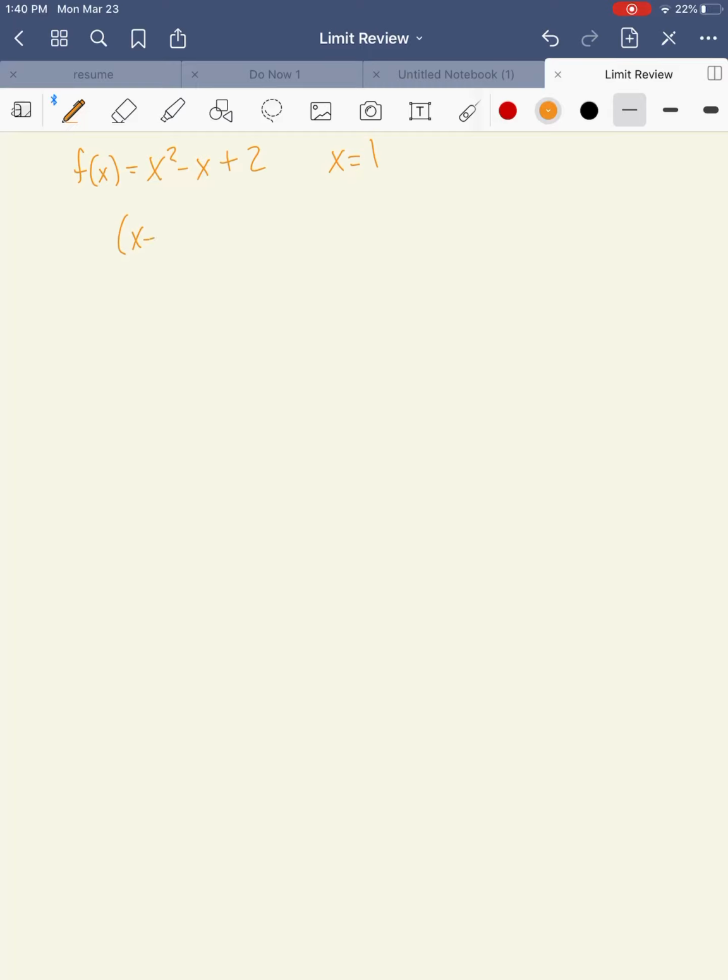So x plus h squared minus x plus h plus 2 minus x squared minus x plus 2 all over h, and we're going to find the limit as h approaches 0.